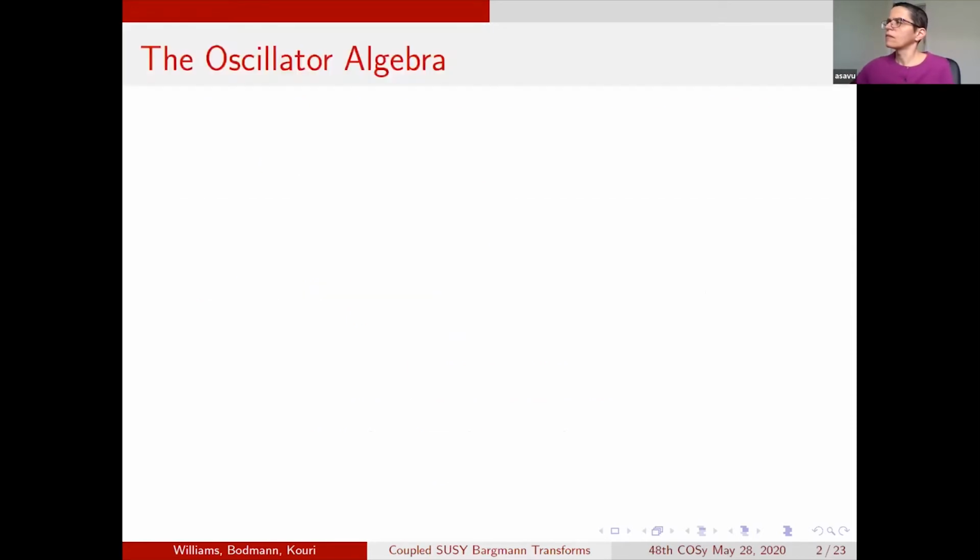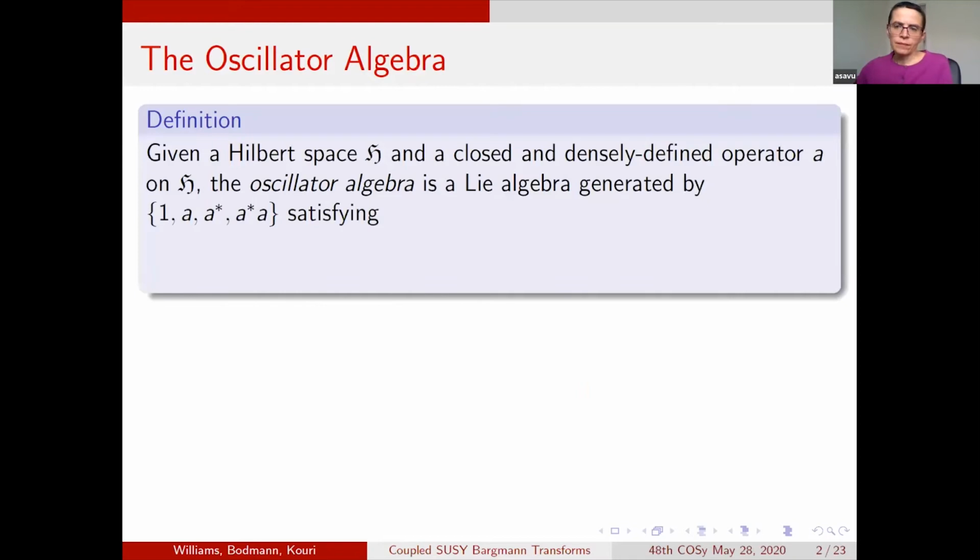So before I begin, I want to just do a quick recap of the oscillator algebra. Many of you are probably familiar with this. So given a Hilbert space H and an operator A on H, the oscillator algebra is a Lie algebra generated by A, A star, and A star A if it satisfies these three conditions.